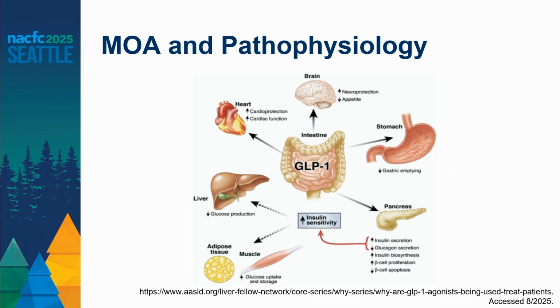It's increasing insulin secretion, decreasing glucagon secretion, and increasing insulin biosynthesis as well as beta cell proliferation. This is hardcore working on your pancreas to amp up its functions. The other thing it does with your stomach is decrease gastric emptying.